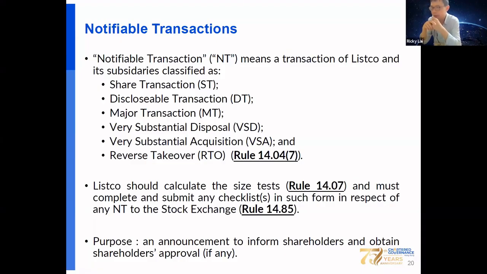If the transaction is a lower-tier transaction, then the company must complete and submit this checklist to the stock exchange. The purpose of the announcement is to notify the shareholders regarding the lower-tier transaction. And in case the transaction is sizable, like a major transaction, then the company should obtain shareholder approval.